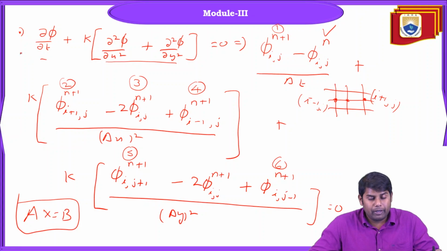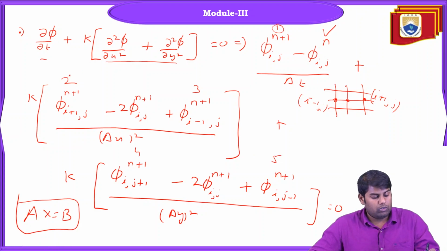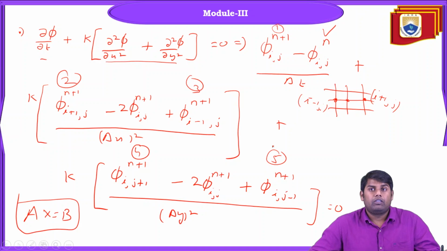But when you come to implicit, you take 2D, what happens? You have a total of 1, 2, 3, 4, sorry, actually here you have 5 unknowns. So total you have 5 unknowns here, and only one known parameter.